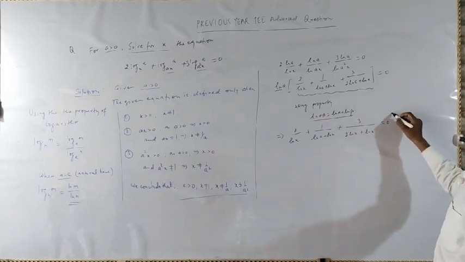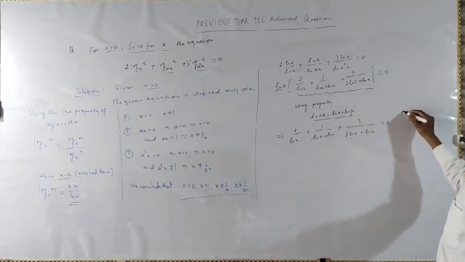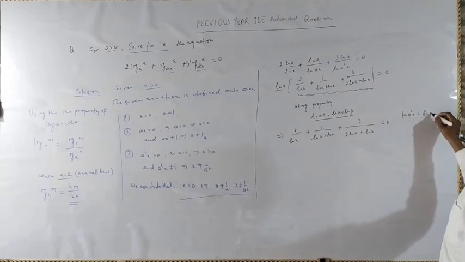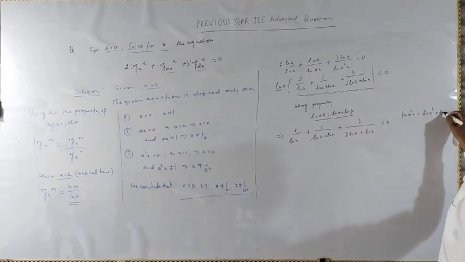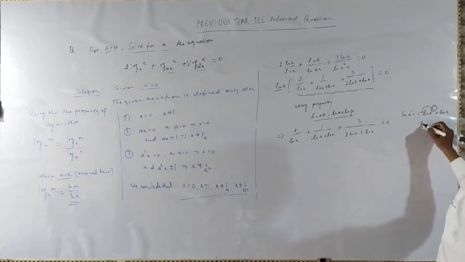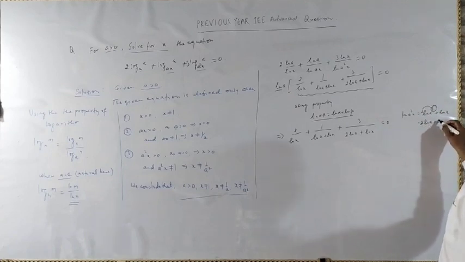Here ln a square x can be written as ln a square plus ln x, or this comes out here, so 2 times ln a plus ln x.